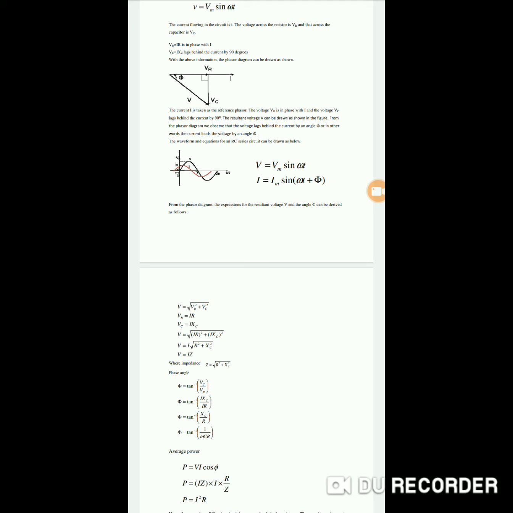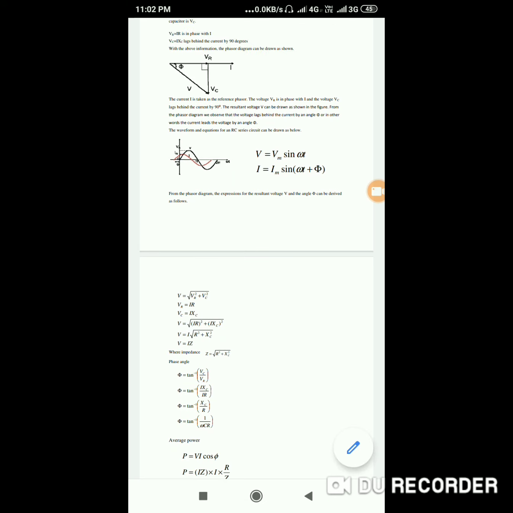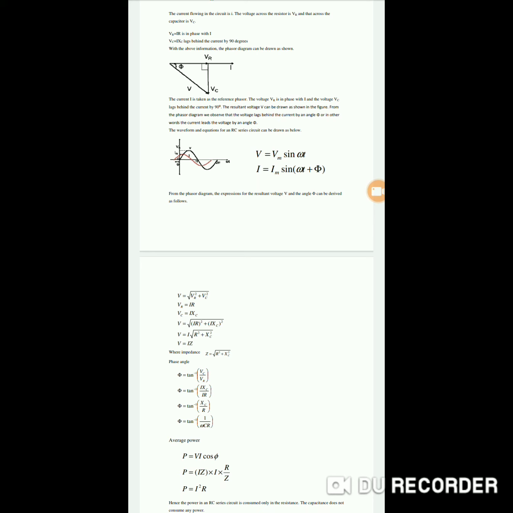Substituting, for the capacitance I write I XC, and for the resistance I write I R. So phi is equal to tan inverse of I XC divided by I R. The current cancels, so the remaining terms are XC divided by R. So phi is equal to tan inverse of 1 divided by omega C into R. Why? Because XC can be written as 1 divided by omega C. You can understand this if you see the previous videos on pure capacitance, where I wrote 1 divided by omega C instead of XC. So the final expression is phi equal to tan inverse of 1 divided by omega C R.